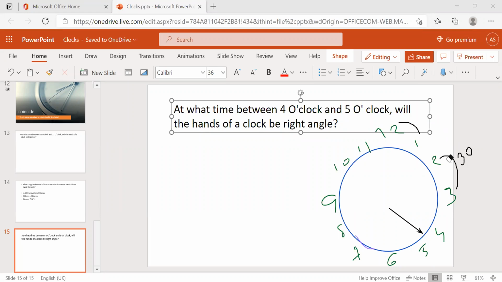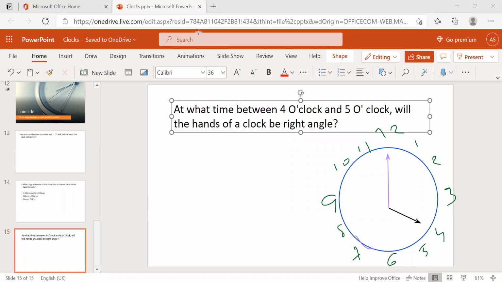See, time is 4. Think the time is 4. So our hour hand shows 4 and the minute hand shows 12, right? And we find the angle between them, where there are 3 sectors after the 4, right? 4 and 5, 5 and 6, and 6 and 7.